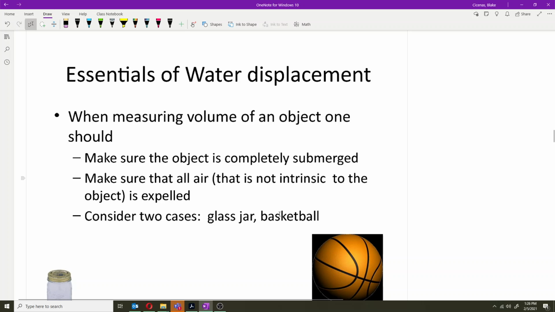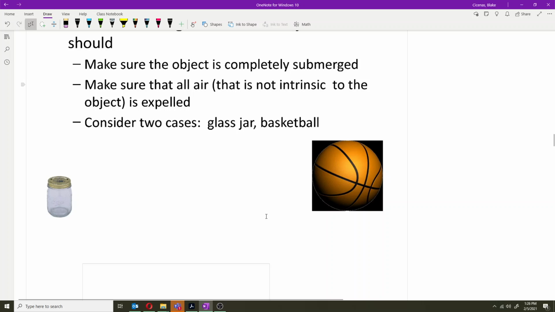Essentials of water displacement. When measuring volume of an object, you should make sure the object is completely submerged, clearly. Make sure that all the air that is not intrinsic to the object is expelled. And the two examples are kind of like a glass jar and a basketball. A basketball doesn't really function if it doesn't have air in it, so that air is intrinsic.